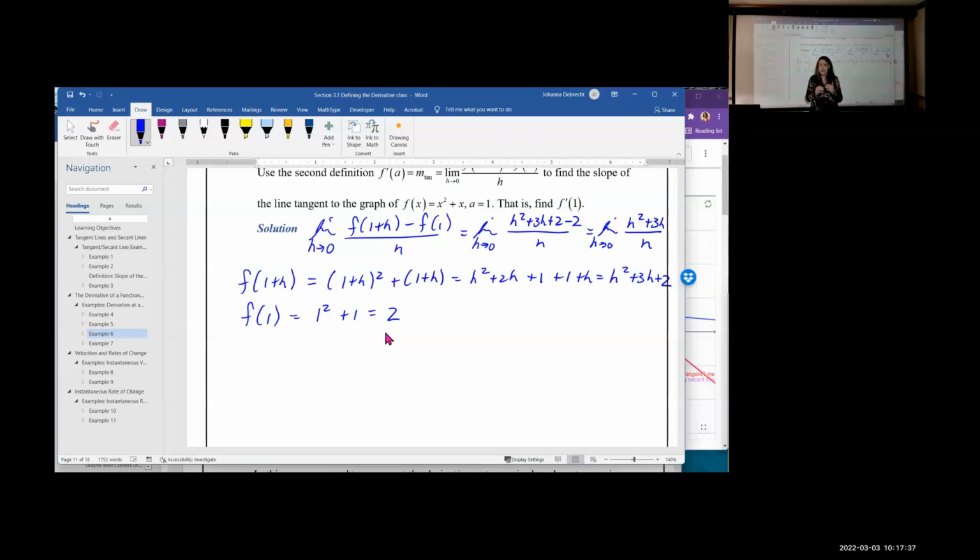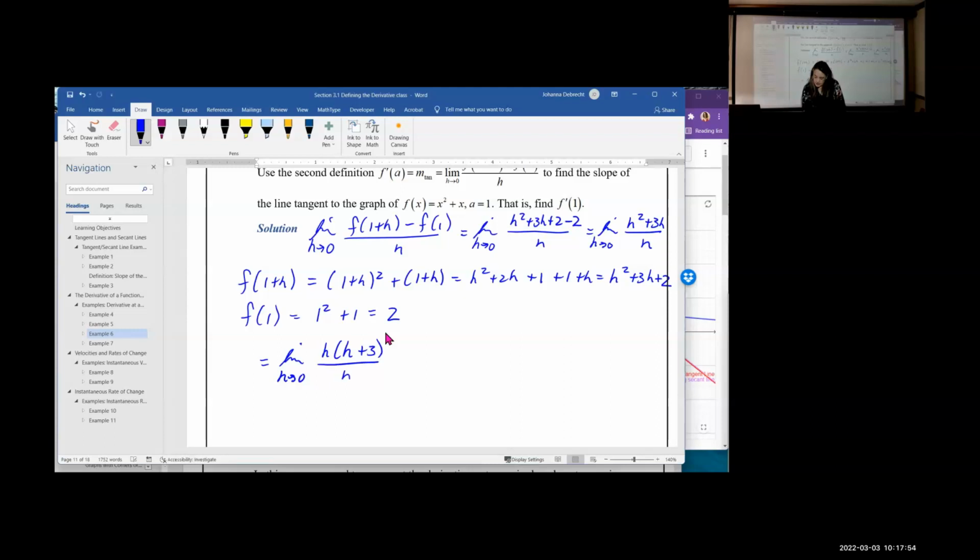Again, if something doesn't cancel, there's probably an error, because something always cancels. All right, at least a little bit. And then from there, we can split it into 2 fractions, or you can factor out the h. That's the other way of handling it.